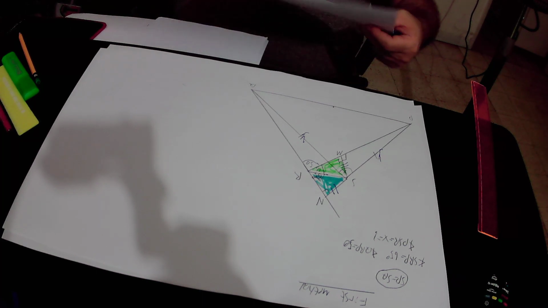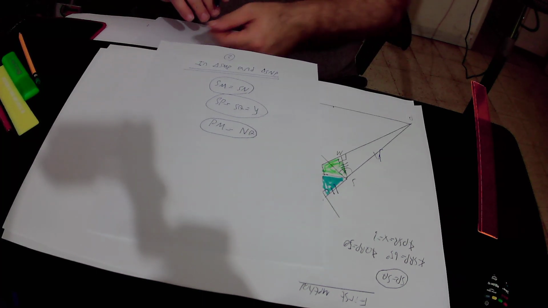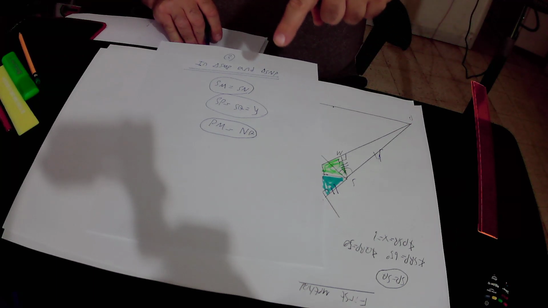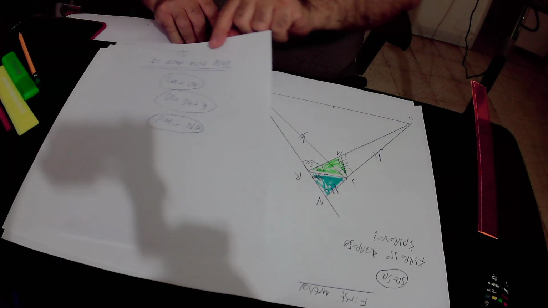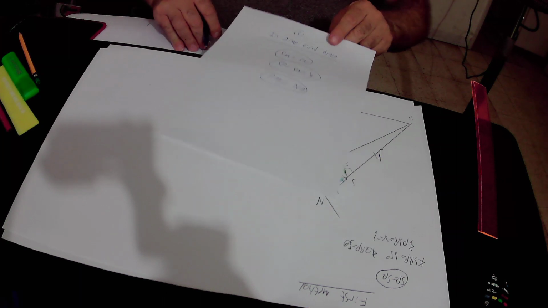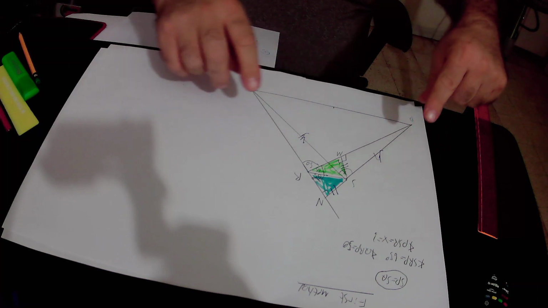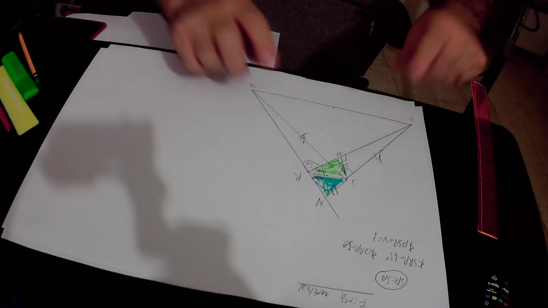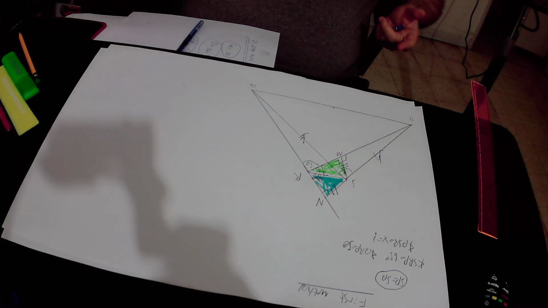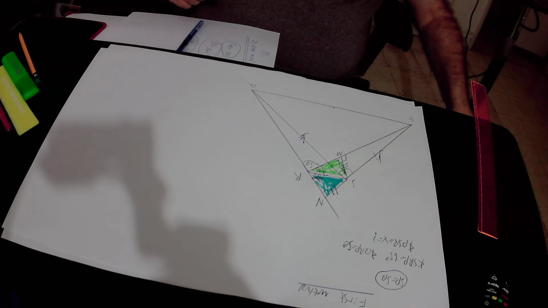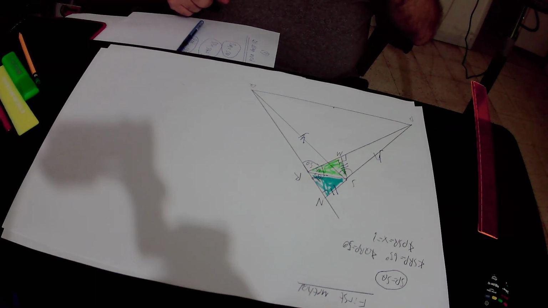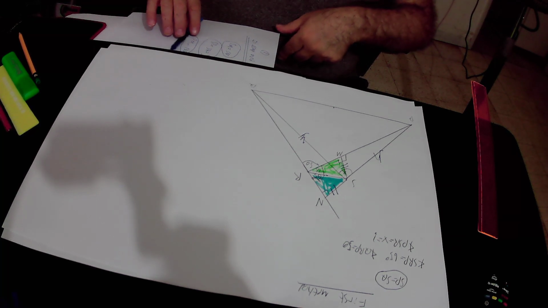Because those two triangles are right triangles, we can apply the Pythagorean theorem. According to the Pythagorean theorem, the square of the hypotenuse equals the sum of the squares of the perpendicular sides.